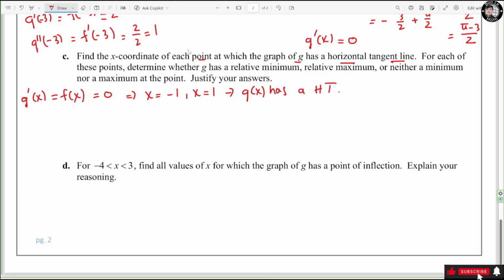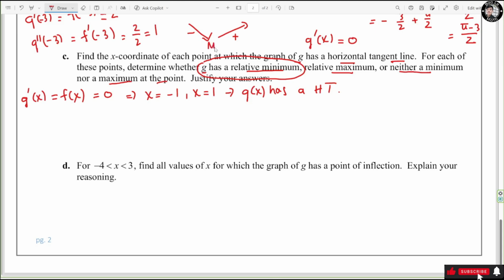Now for each of these points, determine whether g has a relative minimum, relative maximum, or neither a minimum nor a maximum at the point. Now remember, the function g has a relative minimum when g prime changes sign from negative to positive at this critical number.